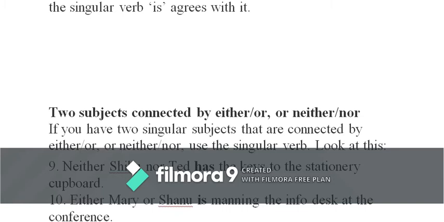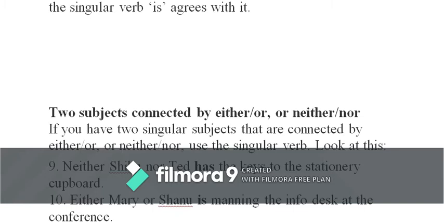According to me, sentence number 9 is correct, and 10 is also correct. Why? Because with neither/nor, I'm considering one subject at a time and connecting it to the verb. Neither Shibu has the keys, nor Ted has the keys. When I read it together, I say neither Shibu nor Ted has the keys to the stationery cupboard.